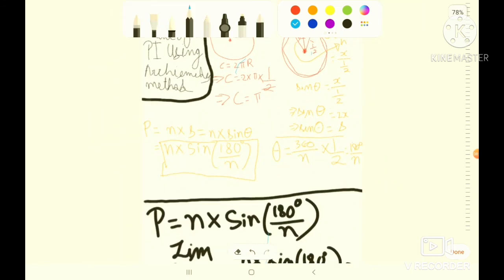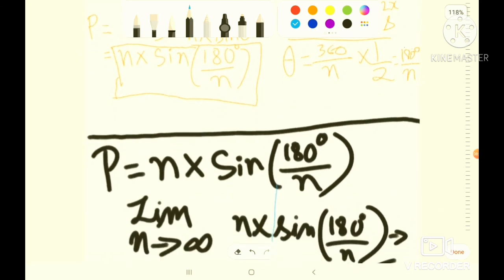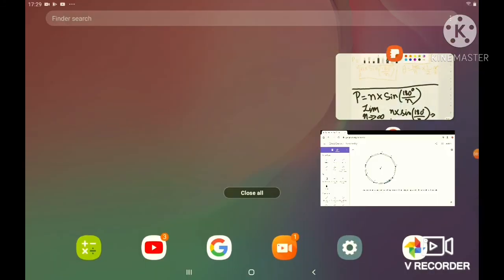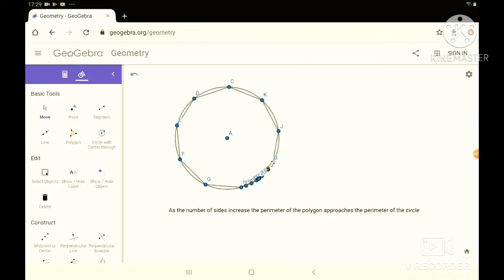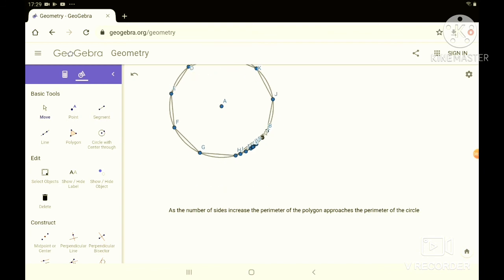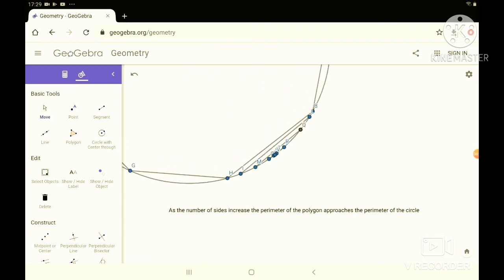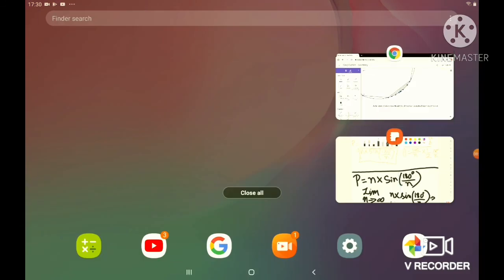As I had shown you here, as we increase the number of sides, the perimeter of the polygon also starts approaching the perimeter of the circle. The same thing is happening here.